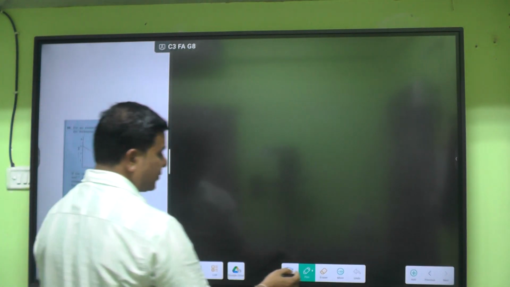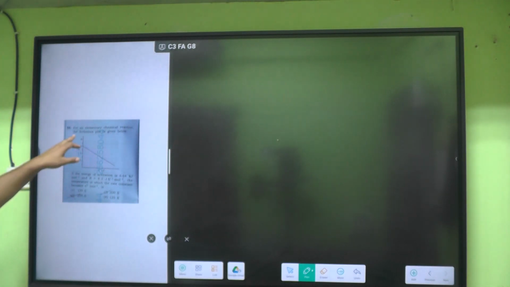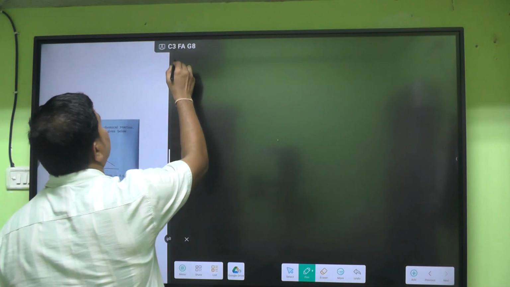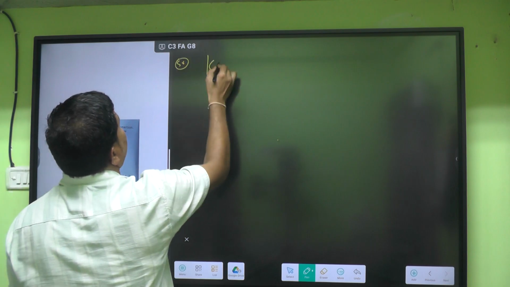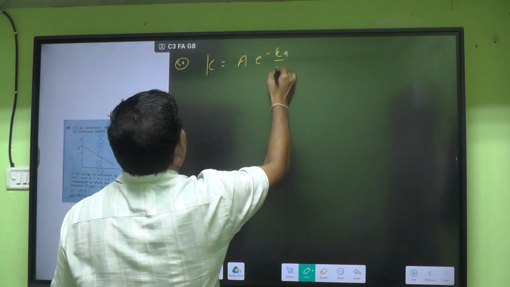Here a graphical question is given. Now the Arrhenius equation. What is the Arrhenius equation? Everyone knows k is equal to A e to the power minus E upon RT.